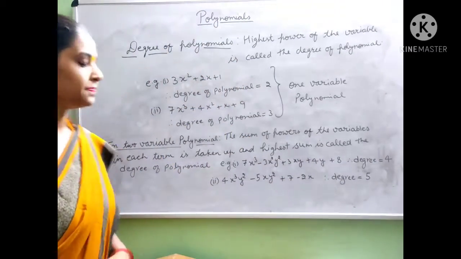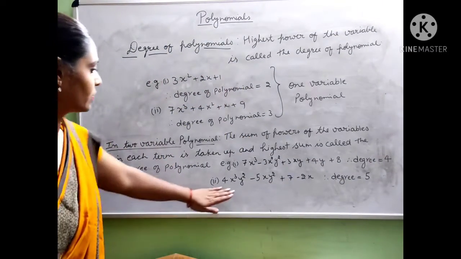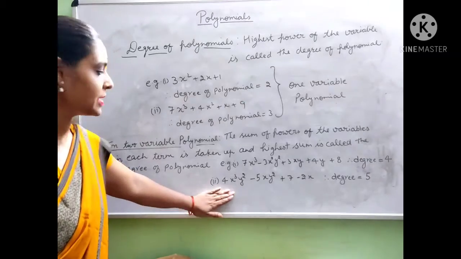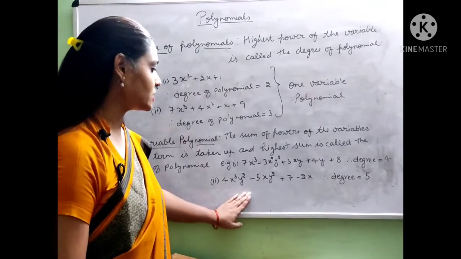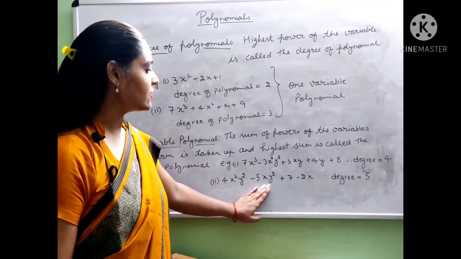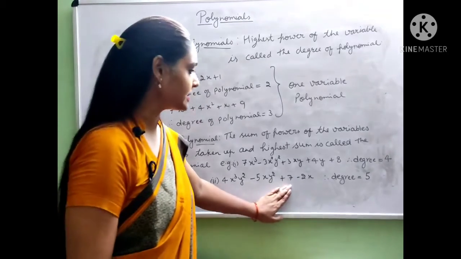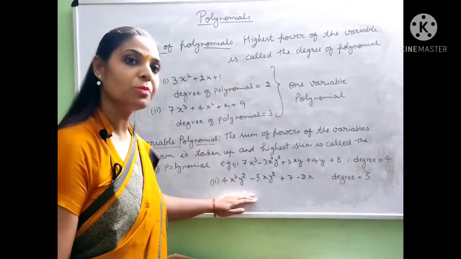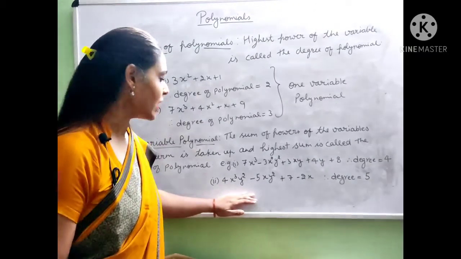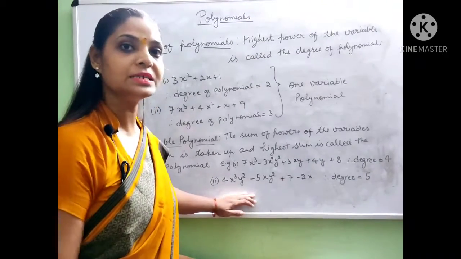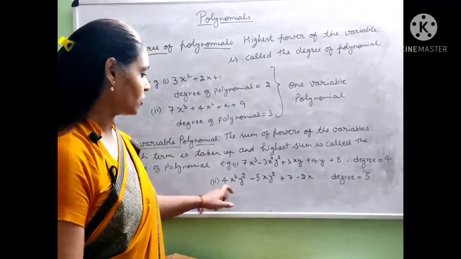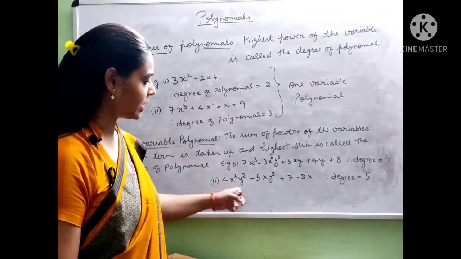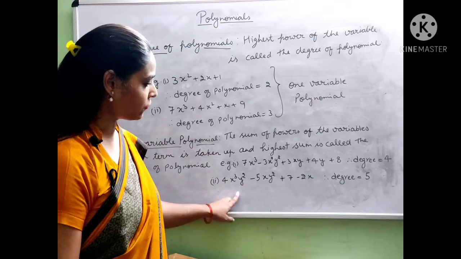Got it everyone? Now let's take another example. 4x cube y square minus 5x y square plus 7 minus 2x. This is again a polynomial in two variables x and y. Now we have to check the highest power of the terms. The first term is 4x cube y square, so on adding the powers we get 5.